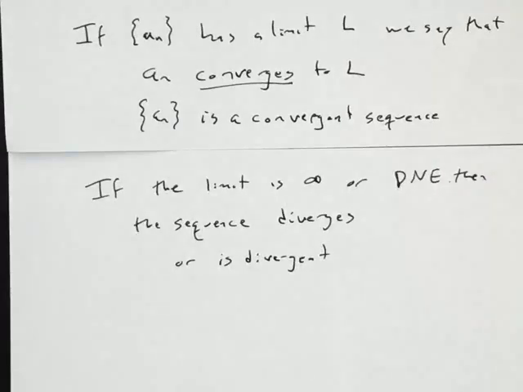A large number of bad puns were made over the Maze Runner series of books, convergent and divergent. If we know the limit is infinity, we will sometimes say that our sequence diverges to infinity, but that's neither here nor there. The important part is that it diverges.